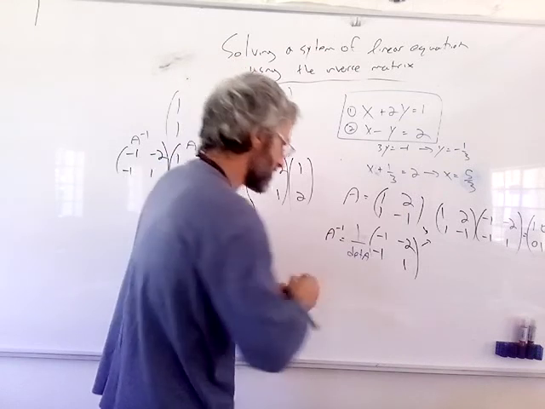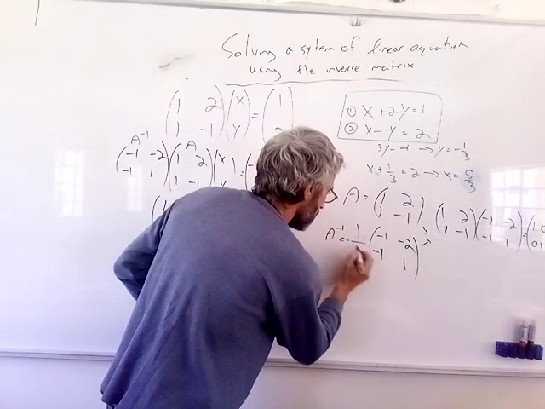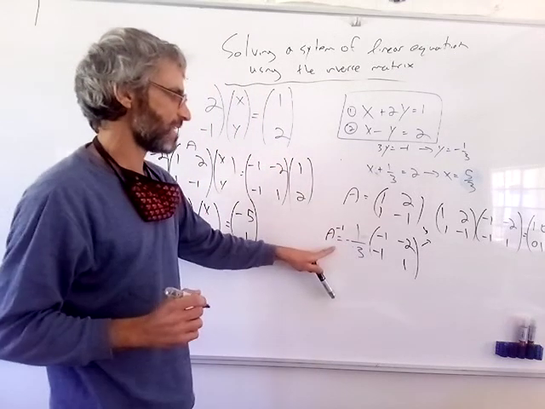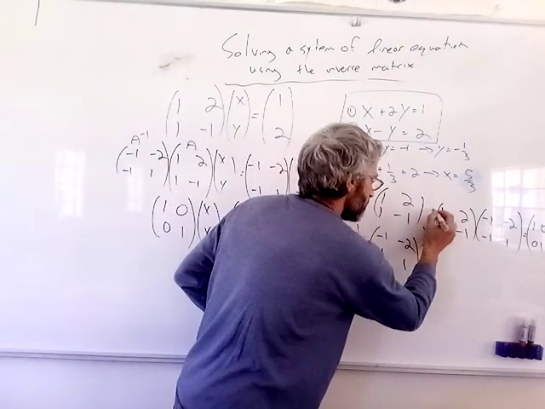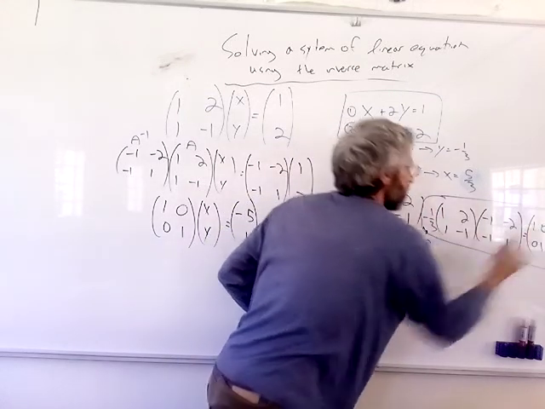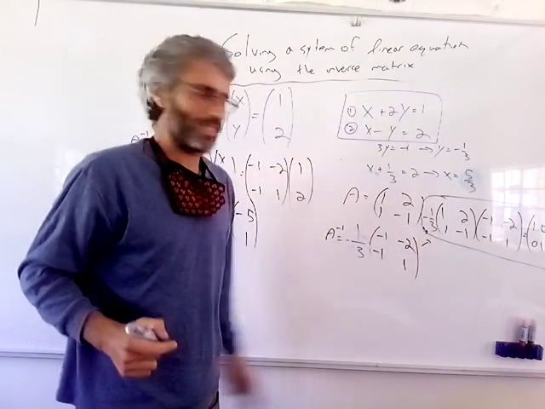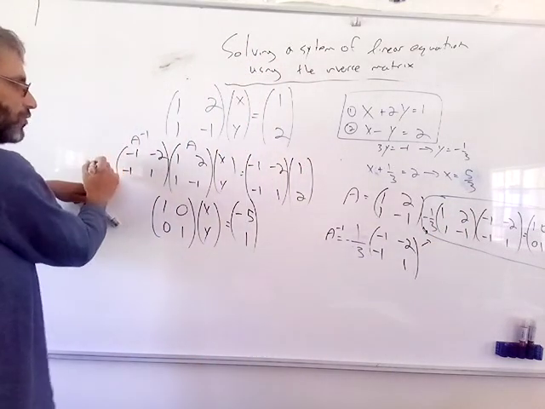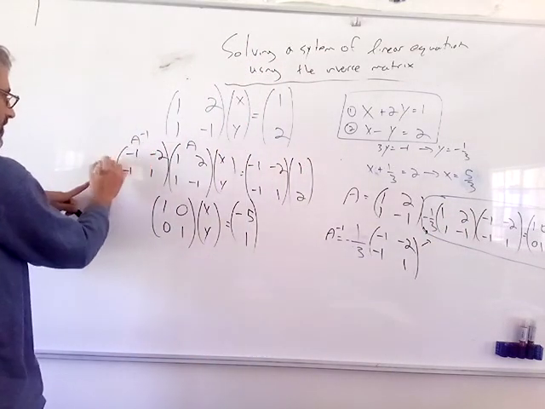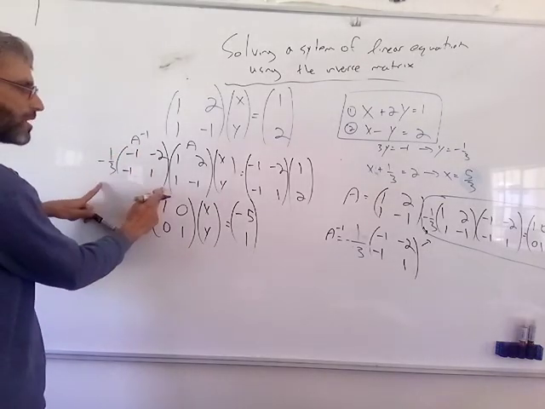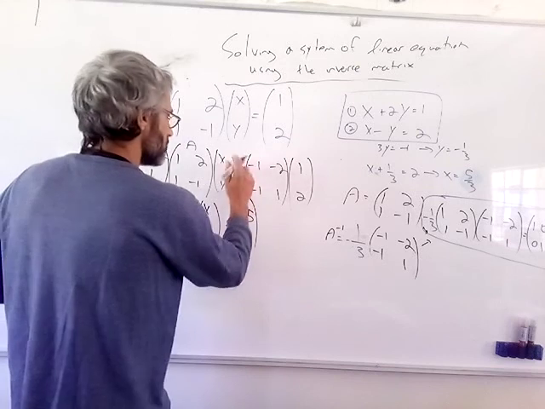So I need to times it by minus a third. That's the inverse matrix. Now, really, if I have minus a third here, I will get the inverse matrix. Otherwise, I'm not. So obviously, I have to do it here as well. That's not the inverse matrix. The inverse matrix is minus a third times this matrix, and therefore I also need to multiply.